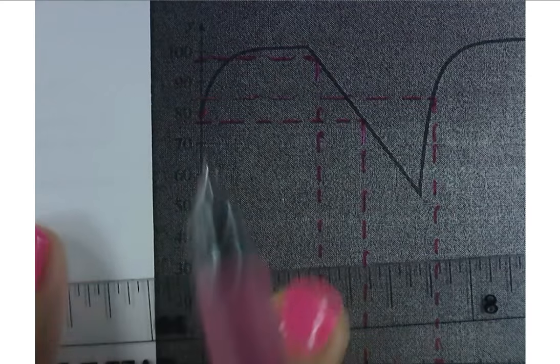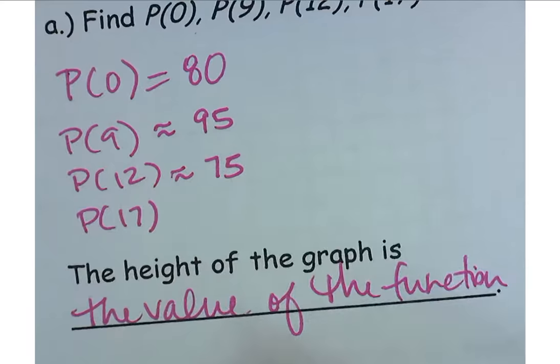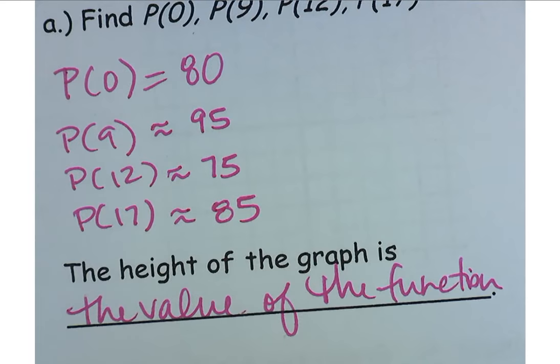Okay, and here was my mark, so it looks like that is about at where? You just get around 85. Okay, and again, as long as it's somewhere around 85, that is perfectly fine.